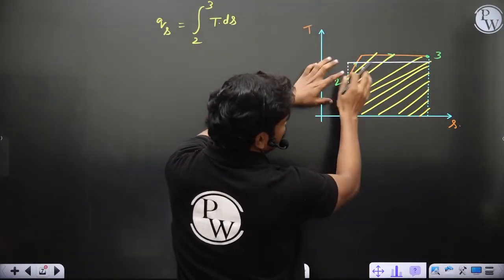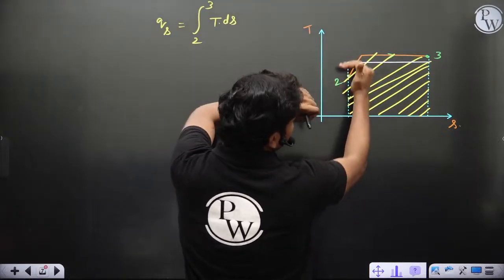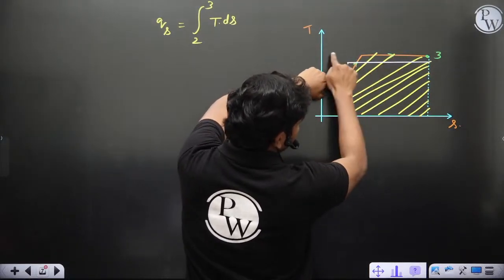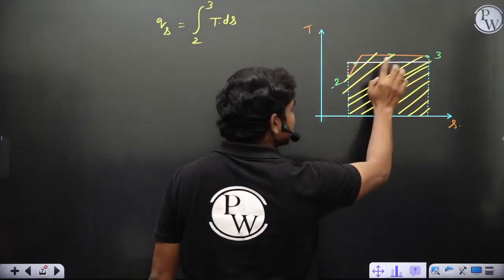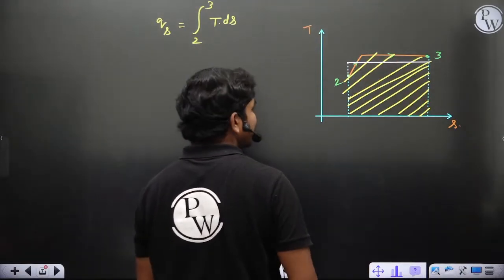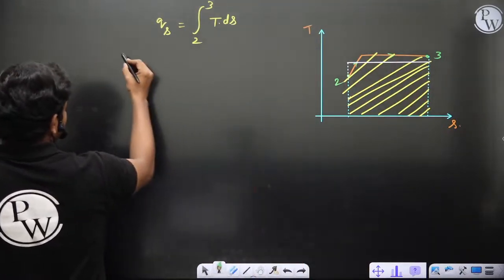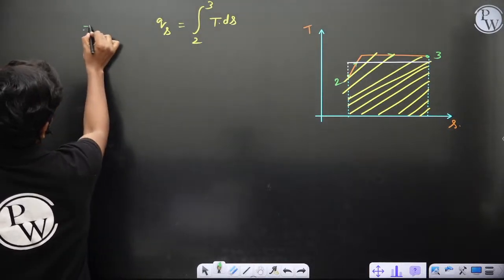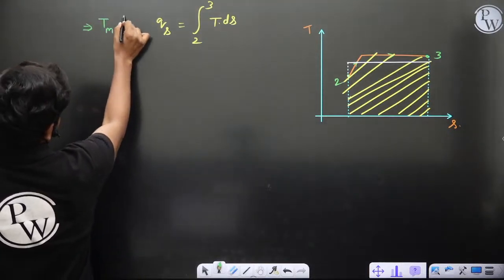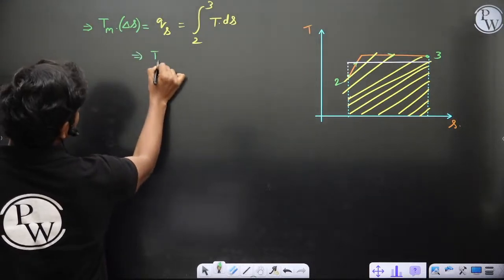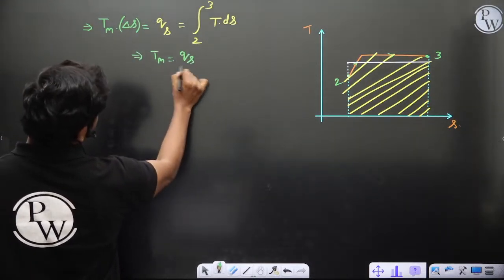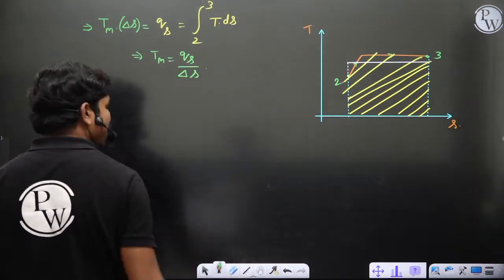Of course, this diagram is not exactly to scale, but at some point you can fix a line where the area under this white line is the same as the complete yellow shaded area. So if the heat transfer is the same, this is also equal to the mean temperature of heat addition into the same delta S. So this implies T_m is equal to Q_s by delta S, which I have written here.